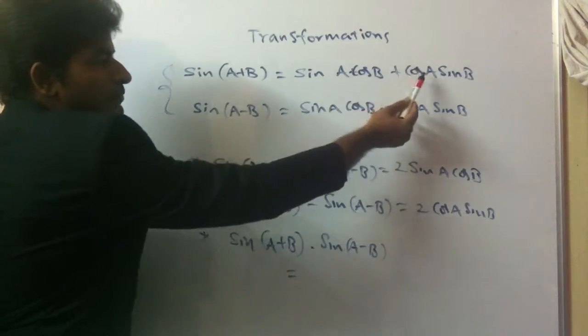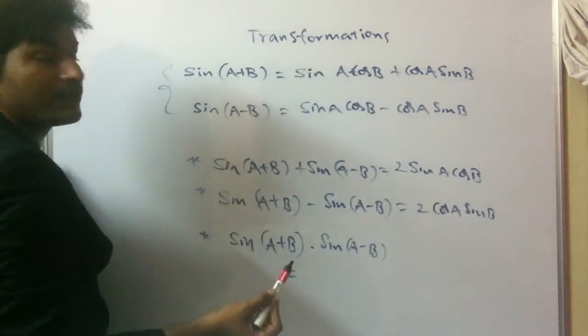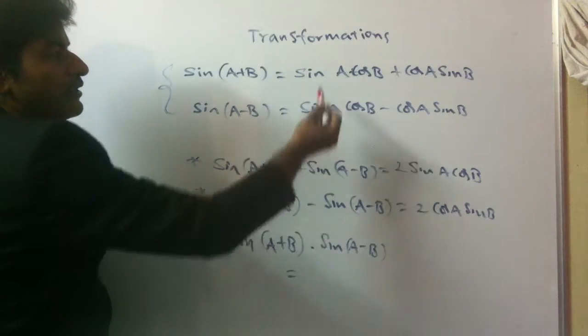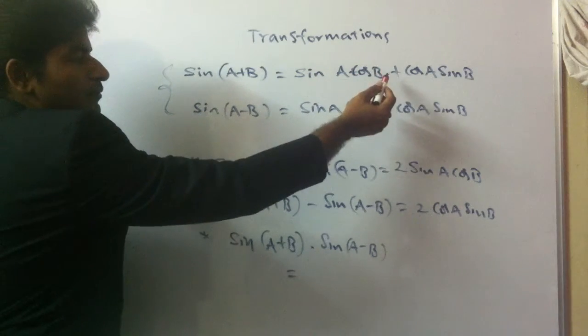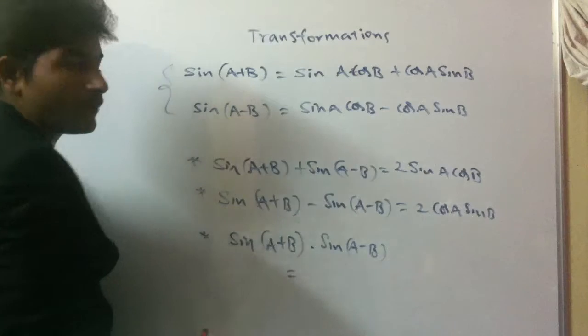Now (a plus b) into (a minus b) is nothing but a square minus b square, that is, this whole square minus this whole square.